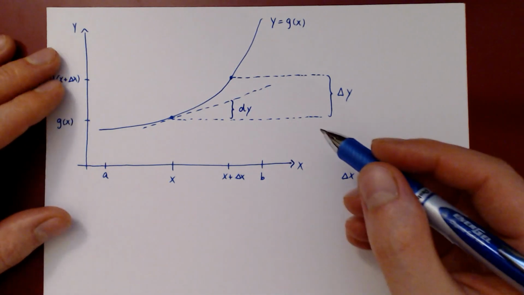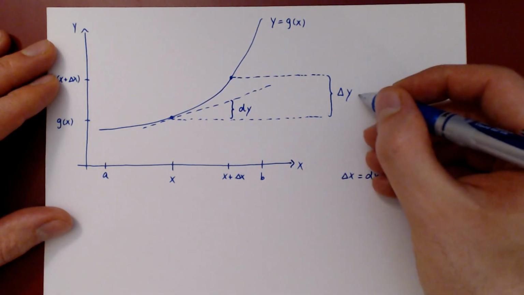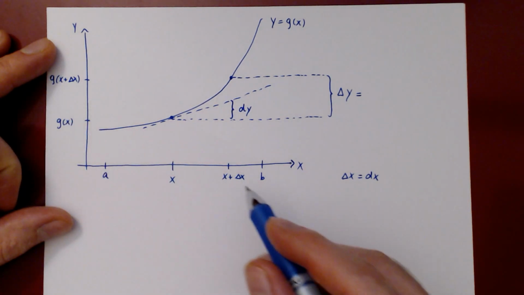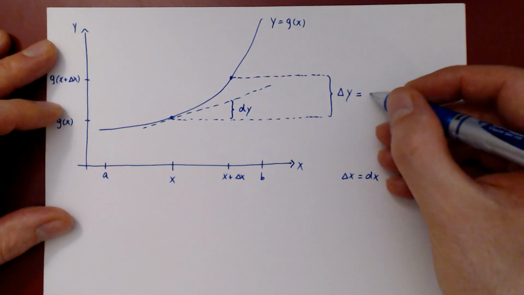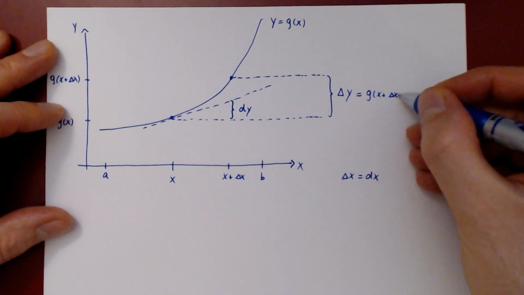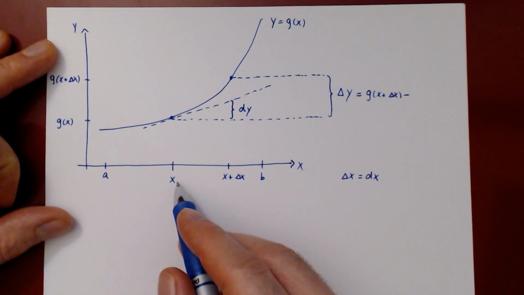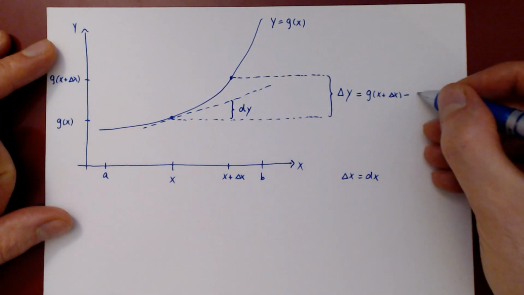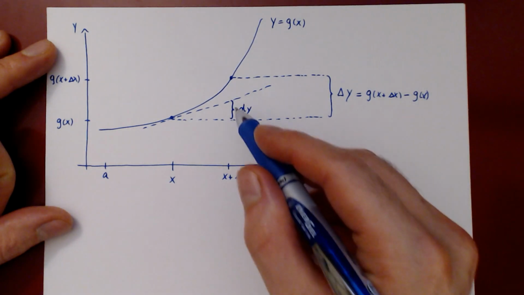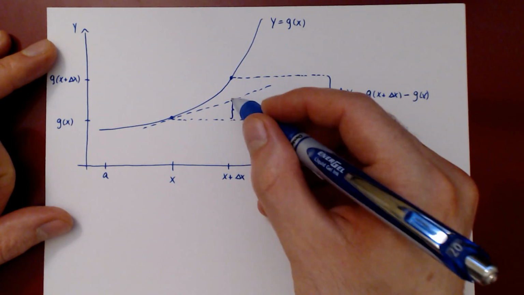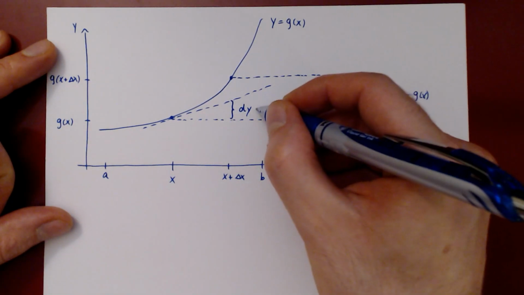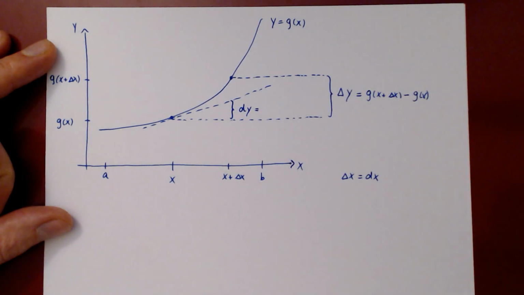So first, how do we calculate both changes? Well, delta y is obvious. The y value at x plus delta x, g of x plus delta x, minus the y value at the initial point, g of x. The differential dy, being the change along the tangent line, a vertical change, is given by the slope of the tangent line times the change in x.